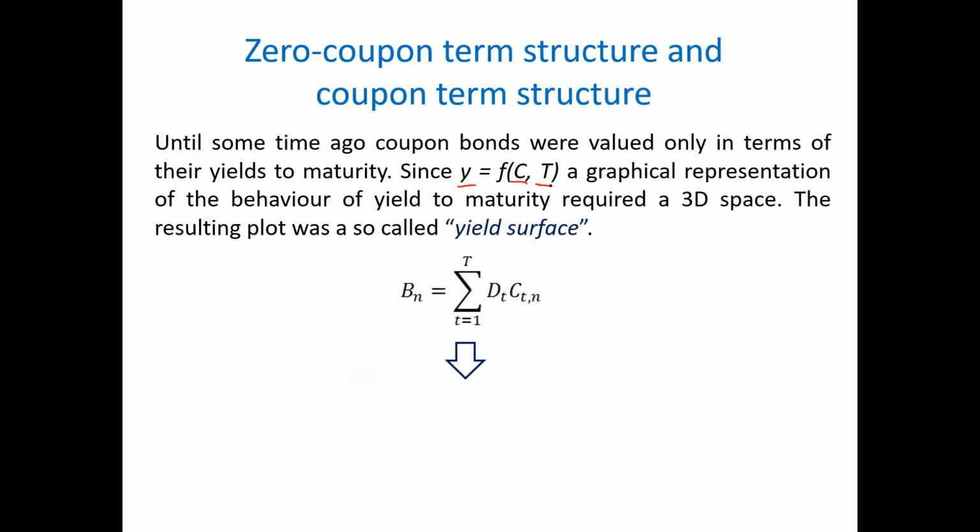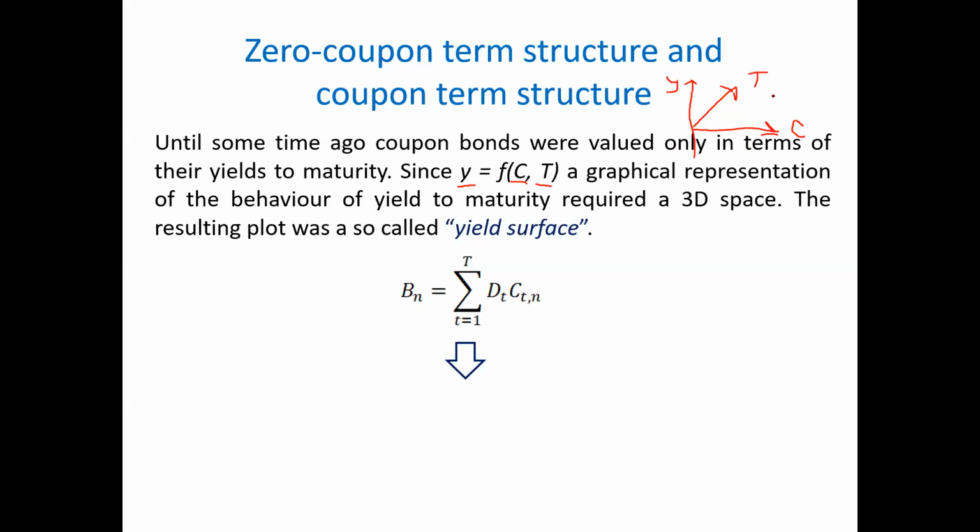Therefore, if you as a financial analyst want to represent this dependency graphically, you would have to use a 3D space. So for example, you draw this system of coordinates, something like that. Along the vertical axis, you measure y, yield to maturity. Along one horizontal axis, you measure the size of the coupon, and along the other horizontal axis, you measure time to maturity.